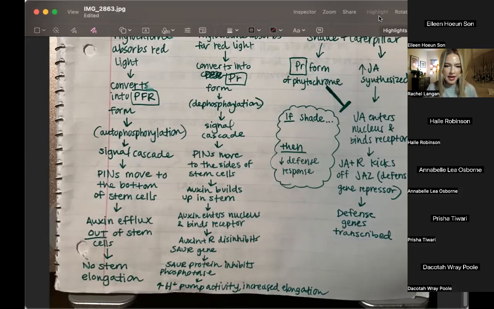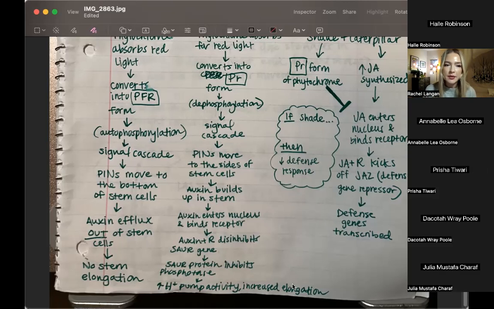So the H pump activity increases, ends up increasing elongation through the acid growth hypothesis. So by pumping out hydrogen ions, you're going to hyperpolarize the cell. When you hyperpolarize the cell, then you can activate hyperpolarization-gated potassium channels.